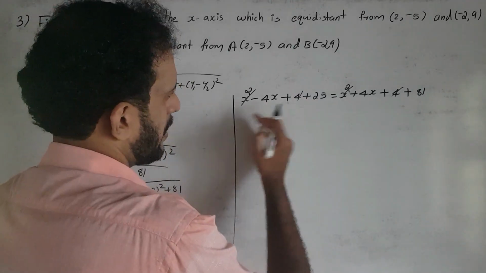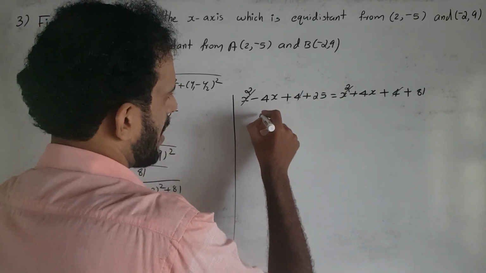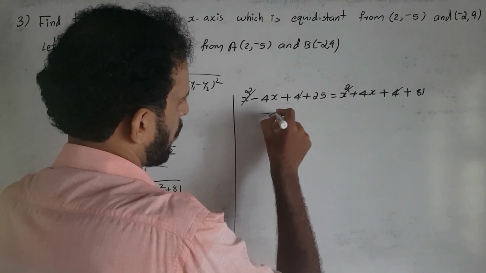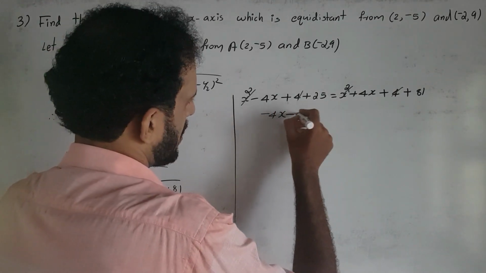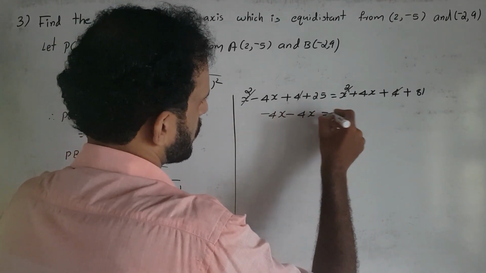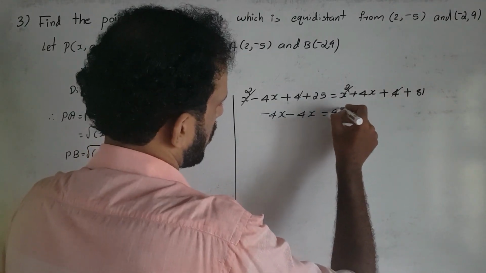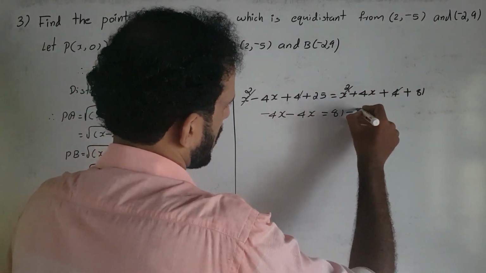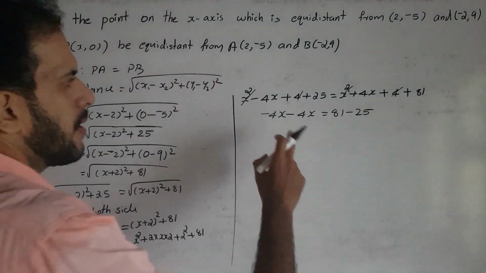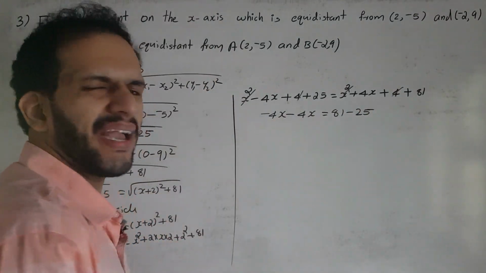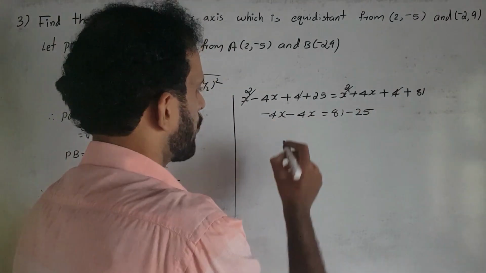Okay, so we take the variable on one side and numbers on the other side. Minus 4x is equal to what is remaining here, 81, and we transpose 25 as minus 25. Then minus 4x, what is minus 4x minus 4x?